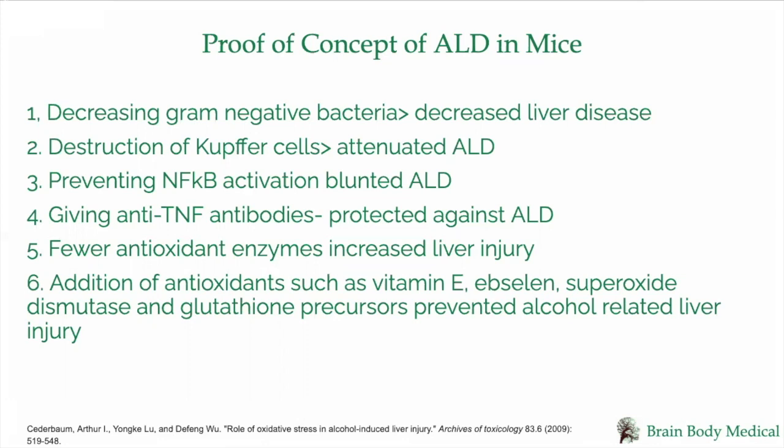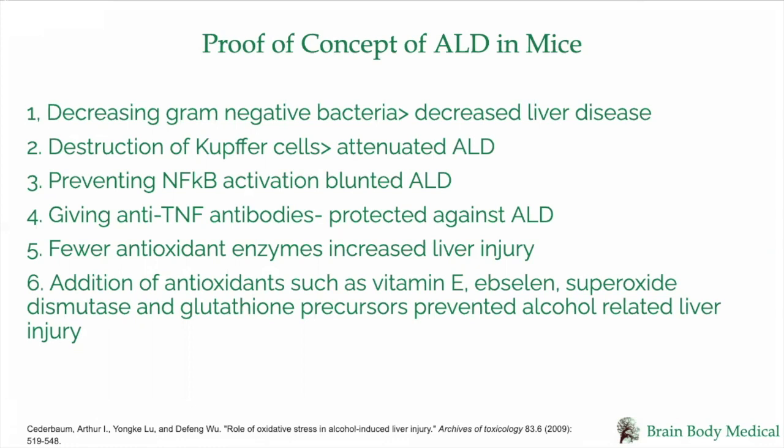And what they found is that if a patient or if the mice had fewer antioxidant enzymes, they're at increased risk for liver injury. And giving antioxidants such as vitamin E or superoxide dismutase or glutathione precursors prevented alcohol-related liver injury.